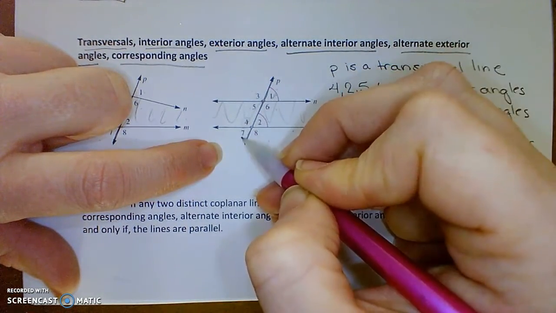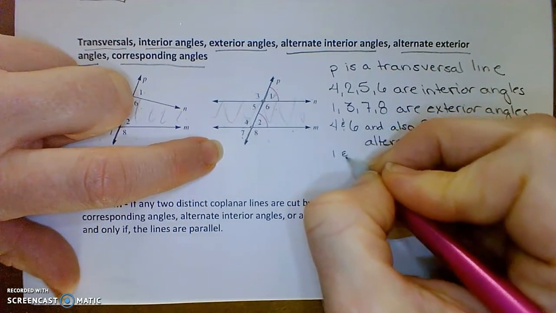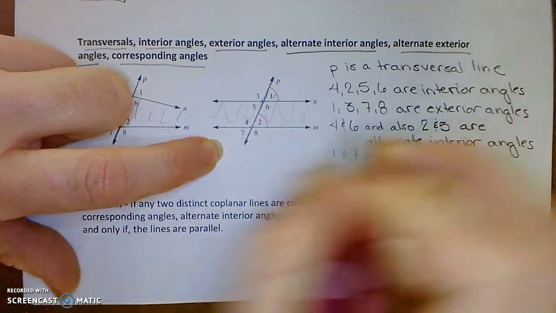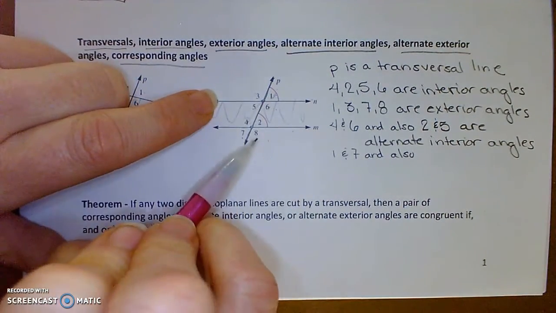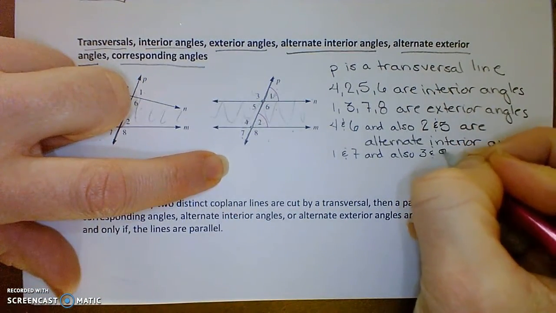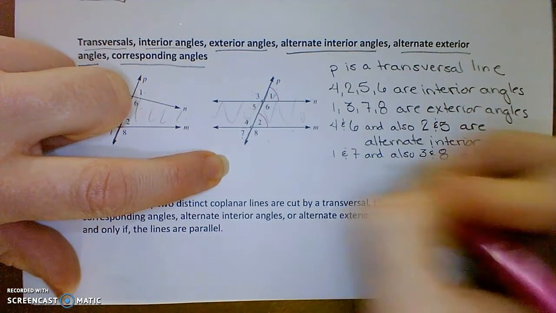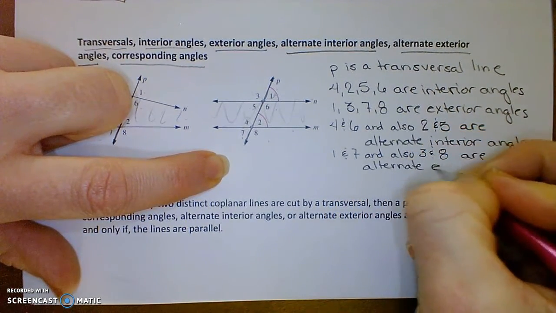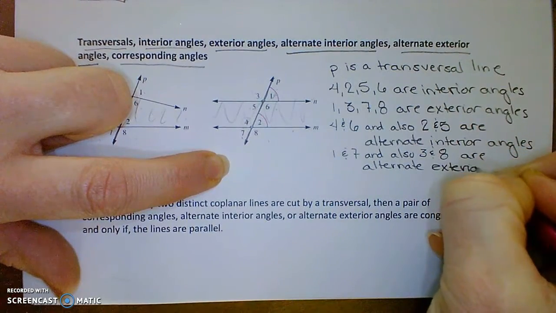So 1 and 7. And also, here's another pair of alternate exterior angles, 3 and 8. These are called alternate exterior angles.